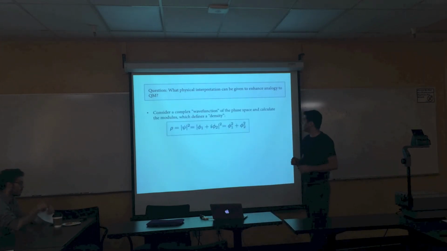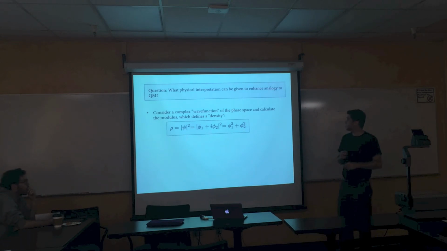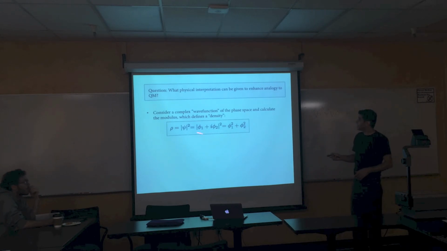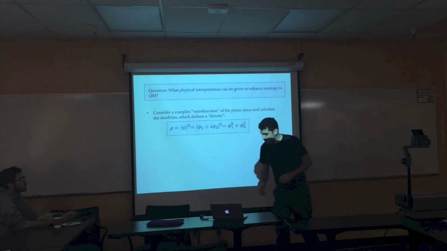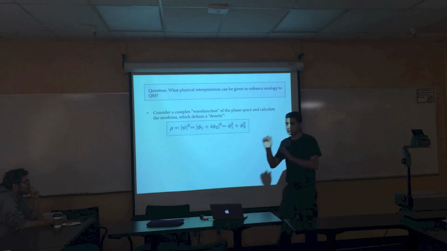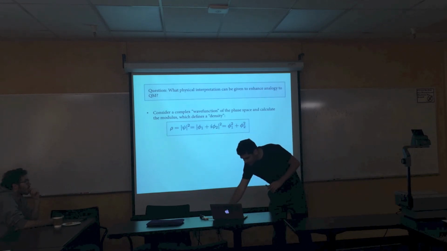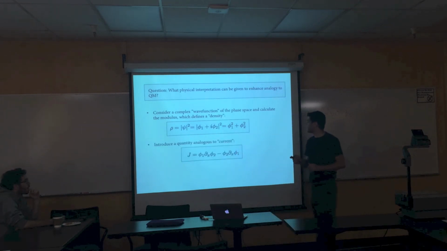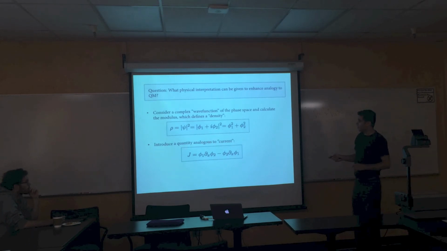Well, first, we always like to check if the same concept of a probability density works in this mathematical formula. So we'll consider the modulus squared, phi 1 squared plus phi 2 squared. Phi 1 and phi 2 are just real fields. So far, we don't have to know the existence of quantum mechanics. We can just think in classical terms here and check which equations are satisfied. So let us introduce a quantity analogous to the current.